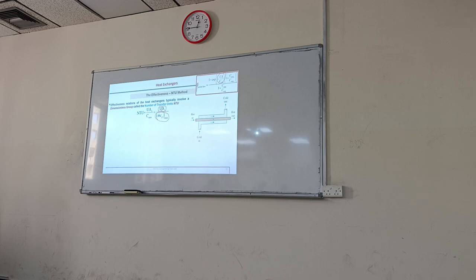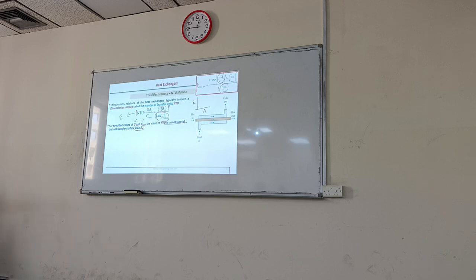You will see the charts, also the variation of area versus effectiveness, for a given C minimum, C maximum, U and area. So NTU is actually a measure of heat transfer surface area if U and C minimum are given. Higher will be the area, higher will be the NTU, and higher will be the effectiveness.